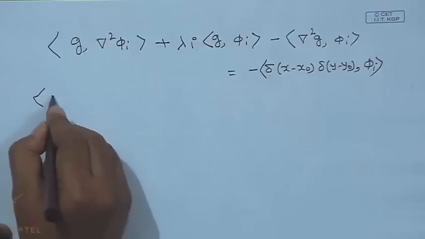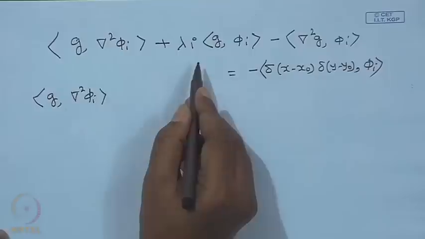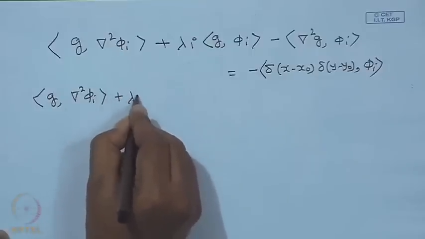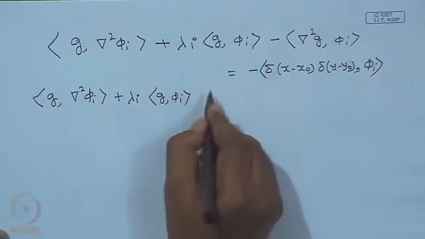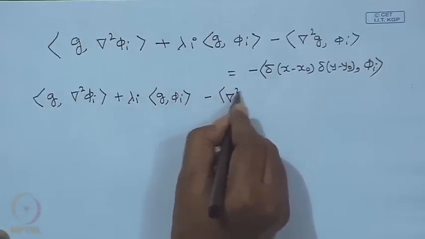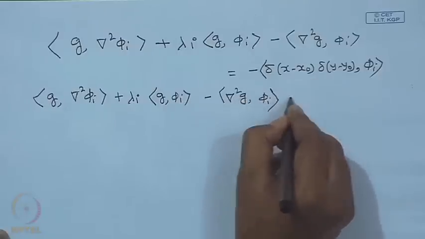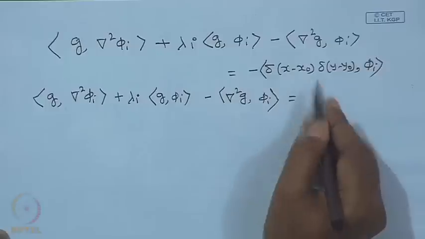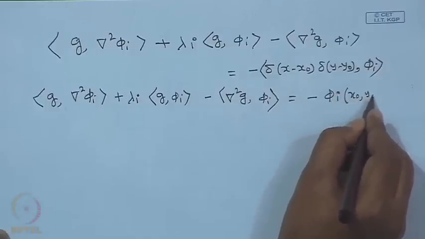This is the inner product of g and grad square phi I, plus lambda I times the inner product of g and phi I, minus the inner product of grad square g and phi I, and this will be nothing but minus phi I at x naught y naught.